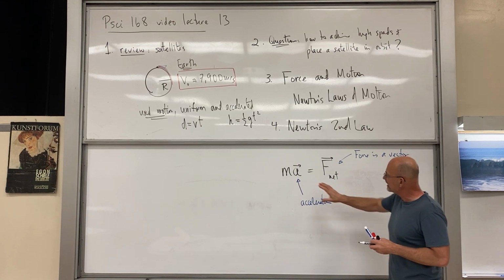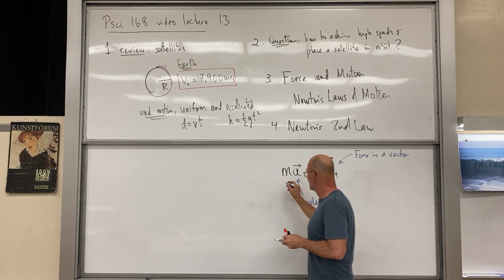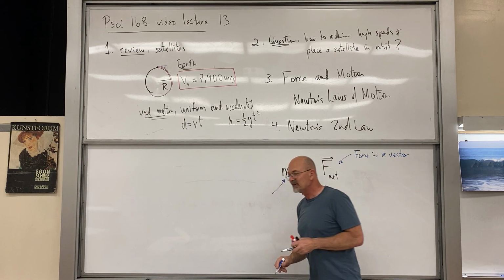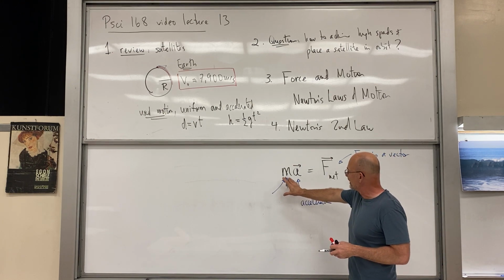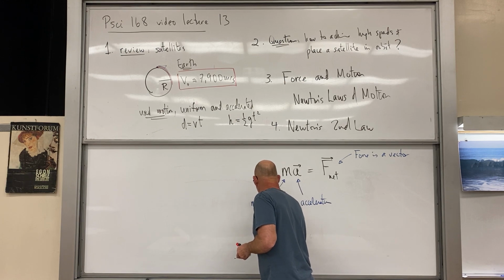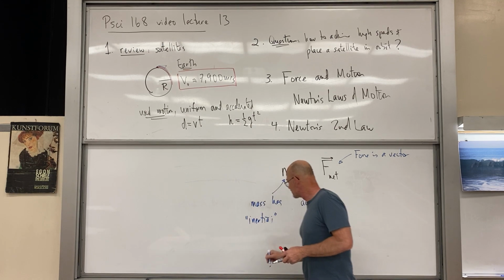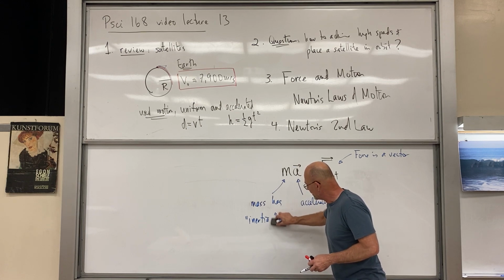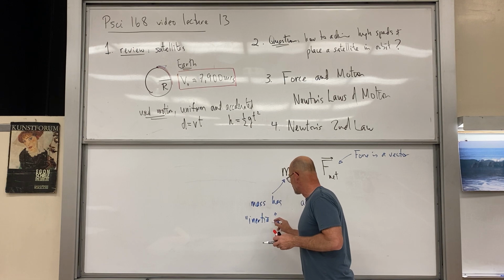So the new quantity here is the mass, and mass is a resistance to a force. It has the property of inertia. So mass has inertia, and inertia we'll define as resistance to a change of its state of motion.